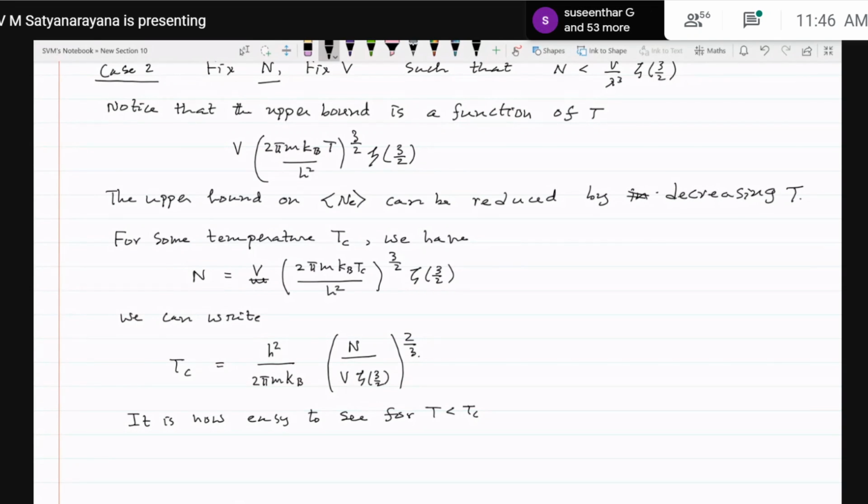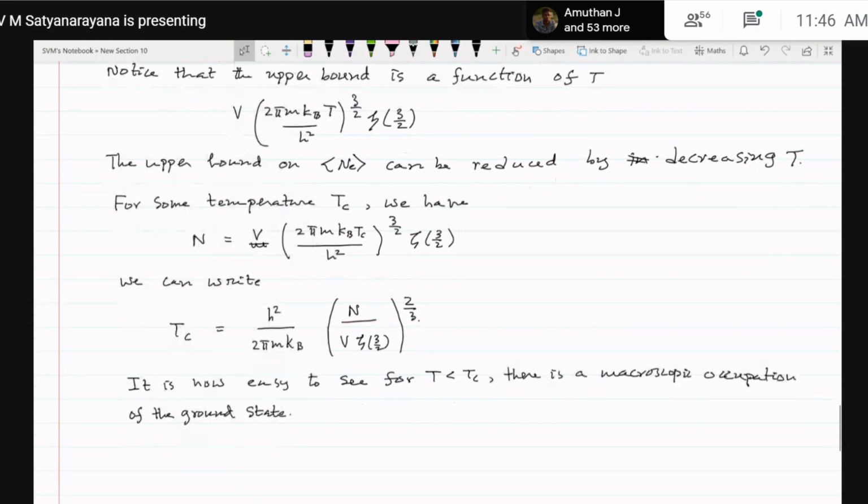So for T less than Tc, there is a macroscopic occupation of the ground state. This phenomenon is what we call Bose-Einstein condensation.